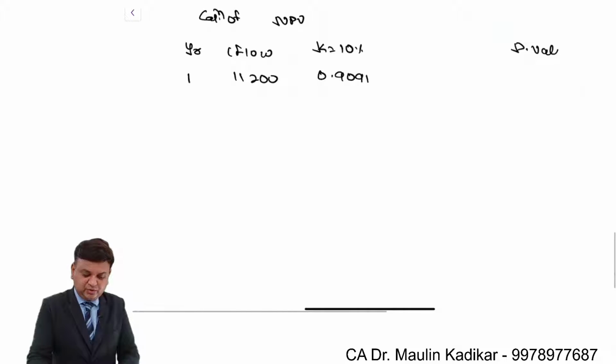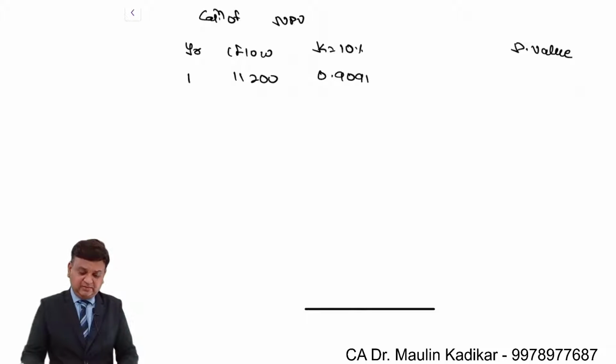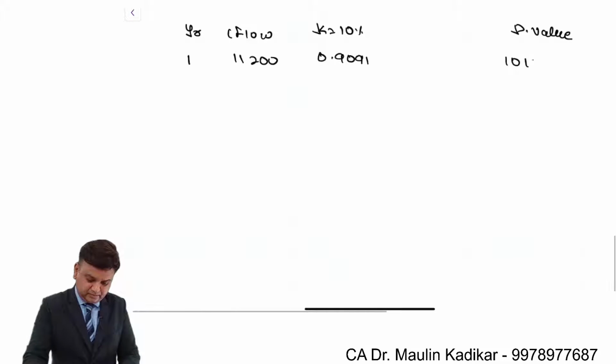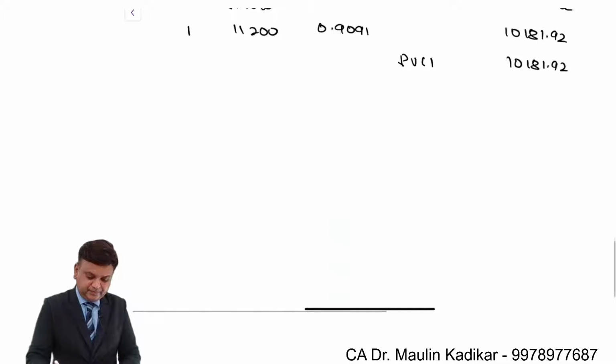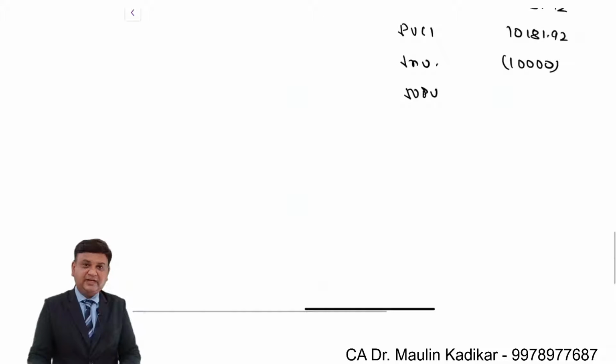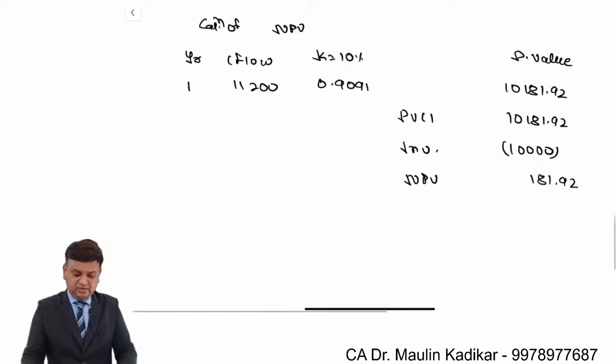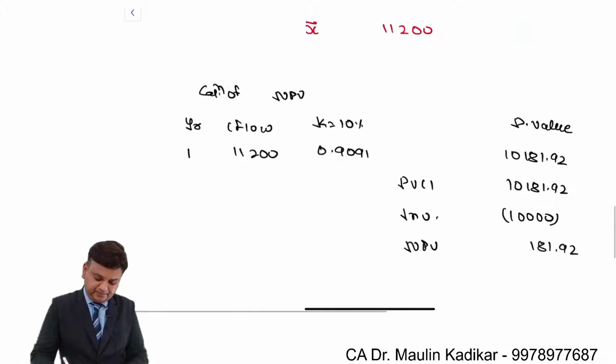Based on that, you compute the present value: 11,200 into 0.9091 is 10,181.92. This is the present value of the cash inflow. Less investment, the amount of investment is 10,000. The difference is the NPV. Amount of NPV is 181.92. This is the way the NPV for project A can be calculated.